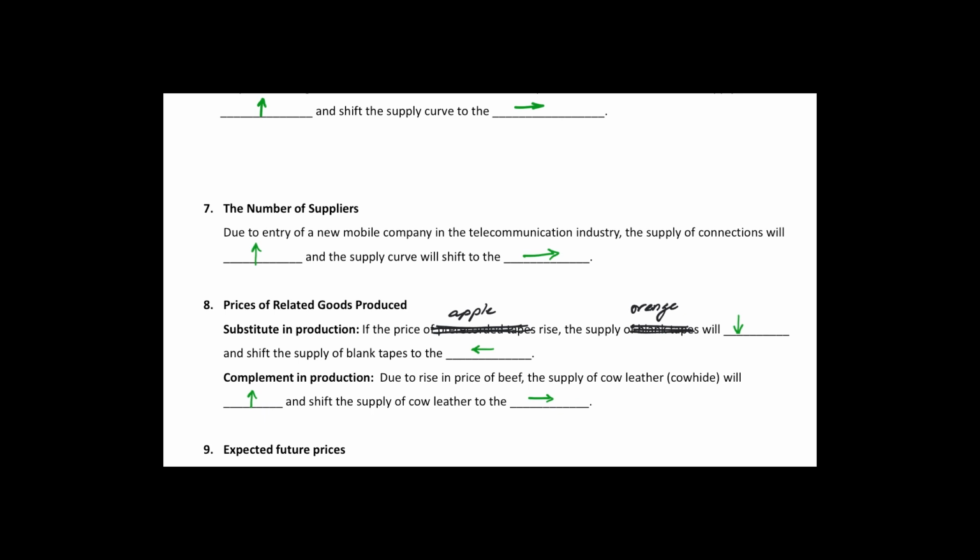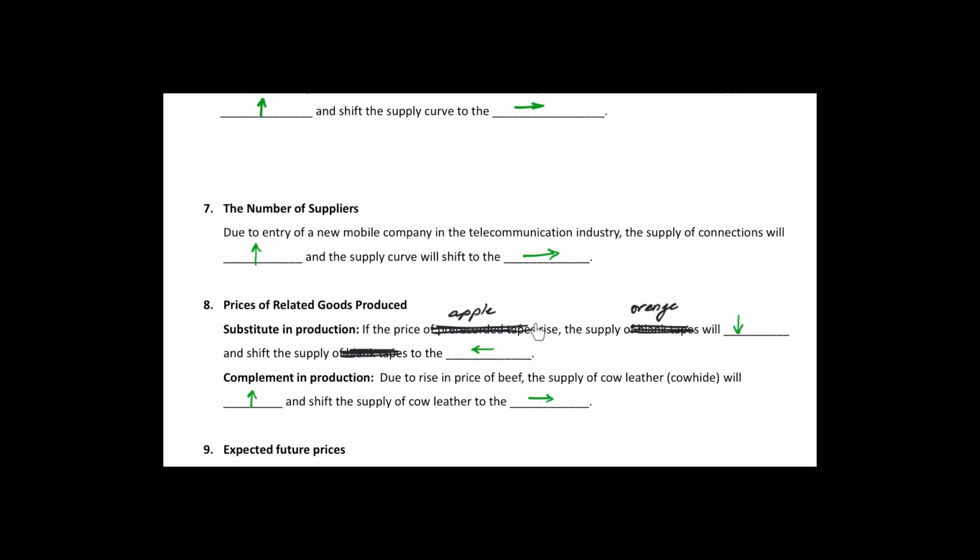You have one piece of land, and on that piece of land, you can either produce apples or oranges. Okay? So, what happens is that the price of apples goes up.